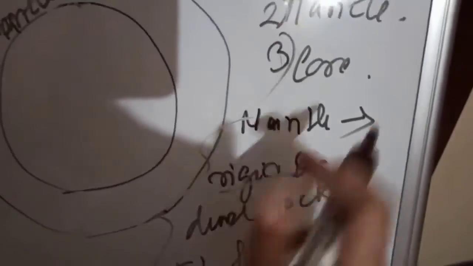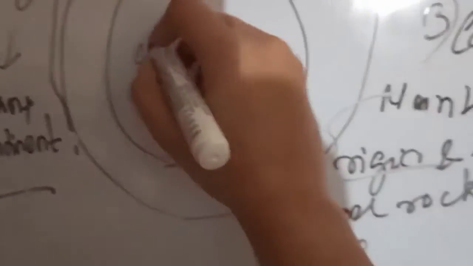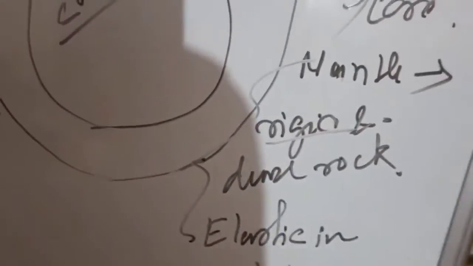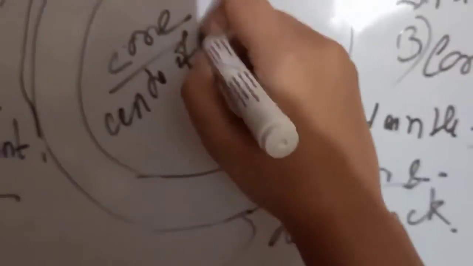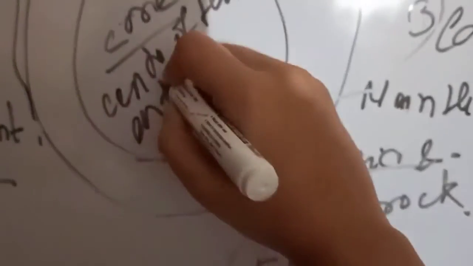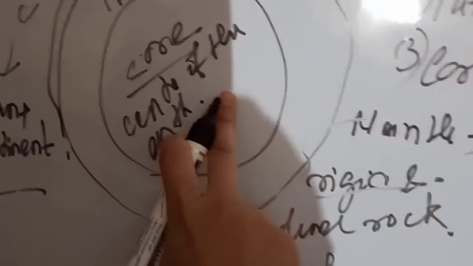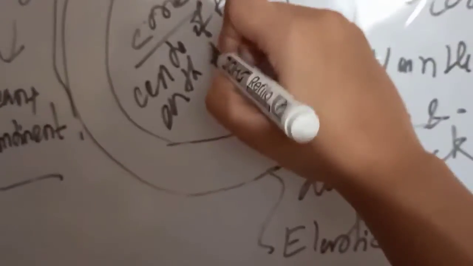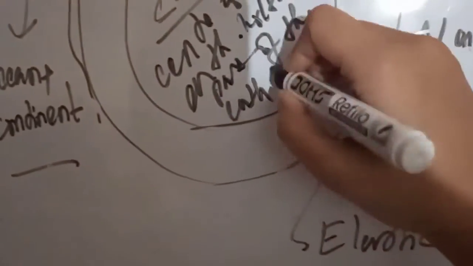Next, after the mantle, the innermost part of the earth we call the core. The core is actually the center of the earth. The core is the hottest part of the earth too.